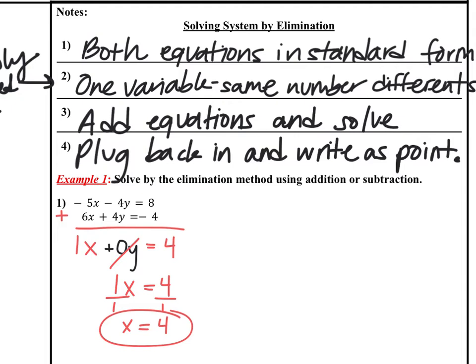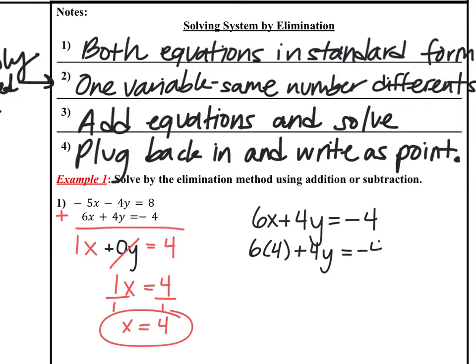Okay, you've added your equations together and solved, so now plug back in. Choose either one of the equations, doesn't matter. I'm going to choose the bottom one because there's less negative stuff going on. And where I see x, I'm going to put 4 because x was equal to 4. 6 times 4 is 24.